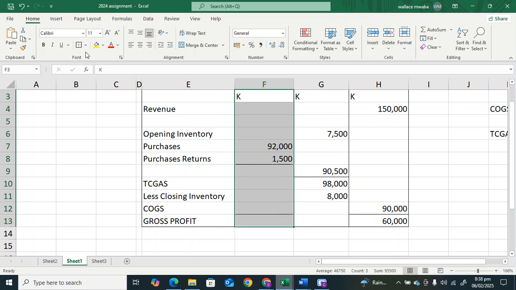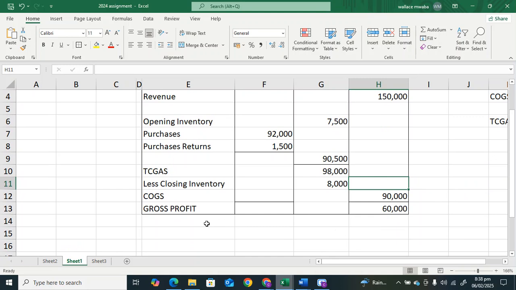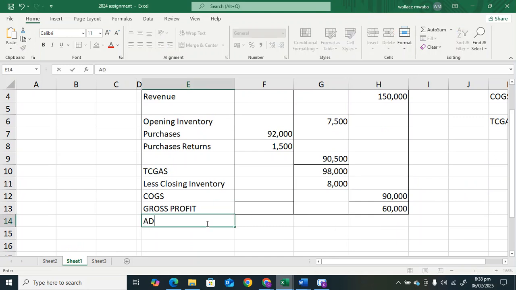All right. Then after the gross profit, we're going to say add any form of income or gains. Add income or gains.